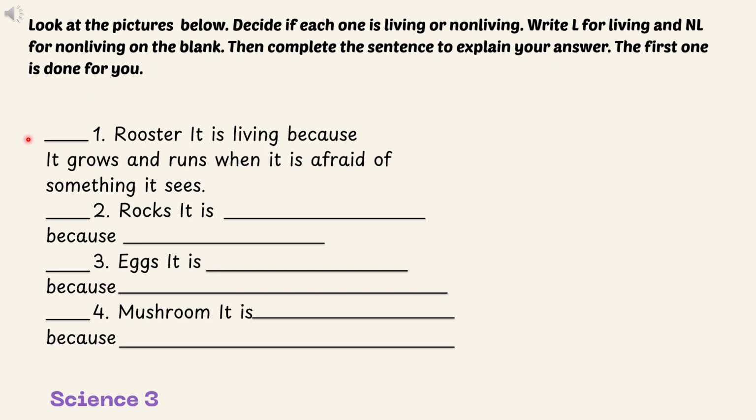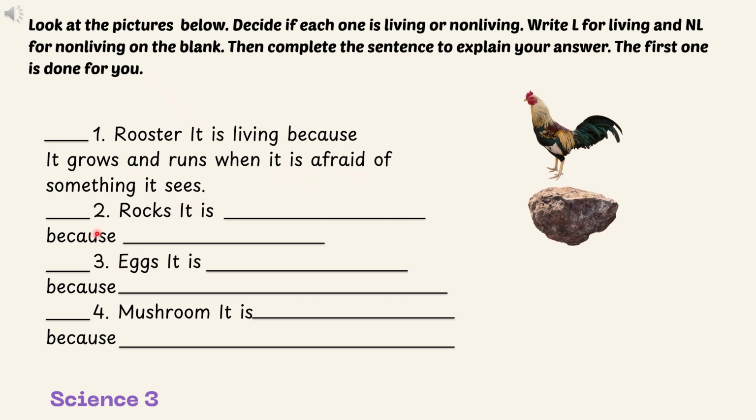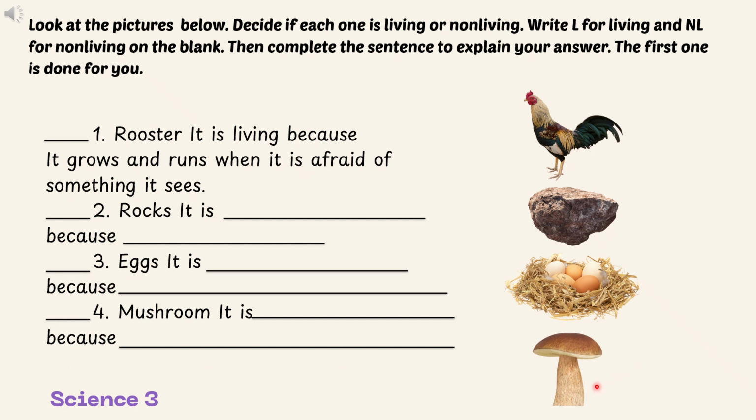We have here, for number 1, a rooster. It is living because it grows and runs when it is afraid of something it sees. Number 2, rock. It is blank because blank. For number 3, we have eggs, and for number 4, we have mushrooms. So you're going to answer that.